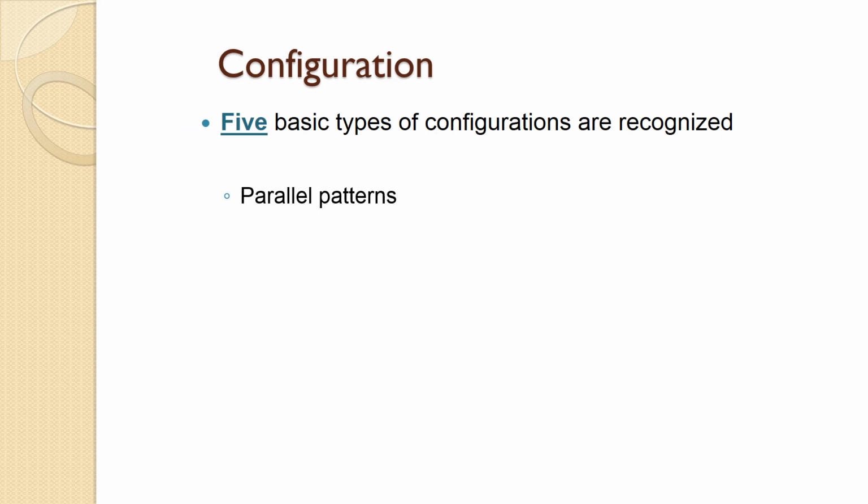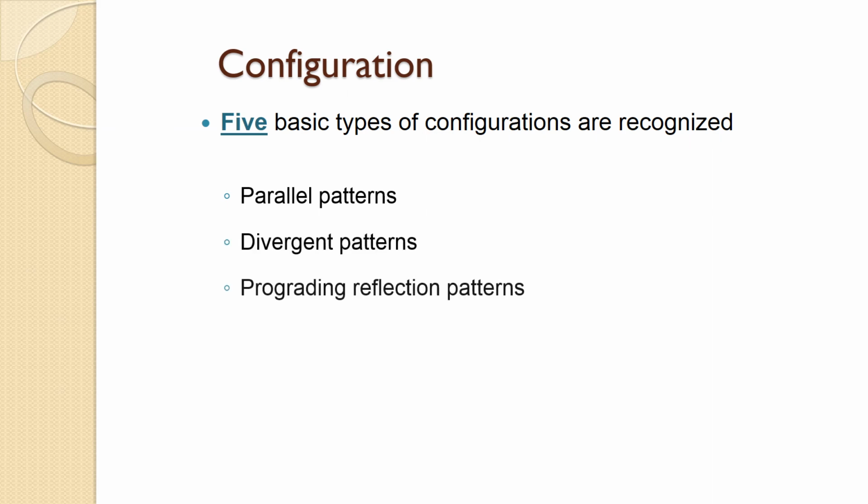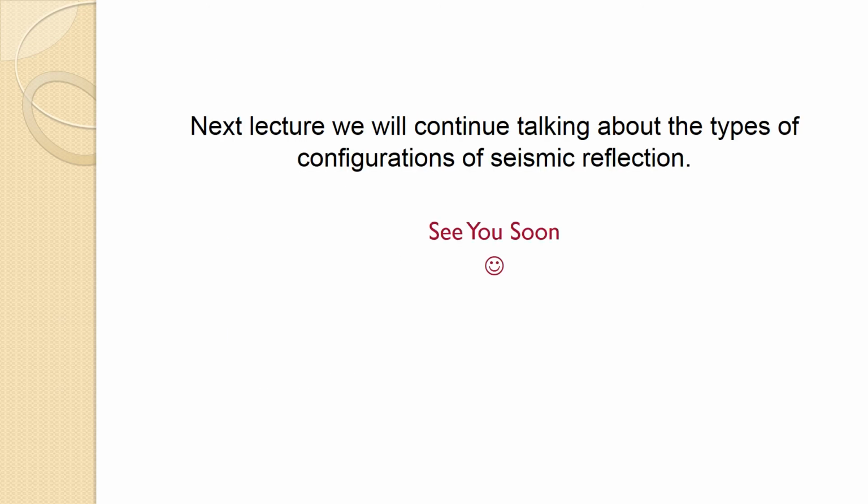Parallel pattern, divergent pattern, prograding reflection pattern, like inclination or dipping things, chaotic reflection pattern, and reflection-free pattern. So these are the 5 types of configuration of reflections, and we will talk about this next time.